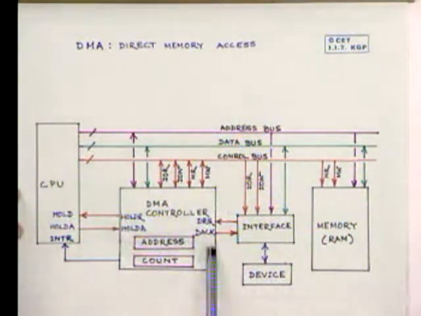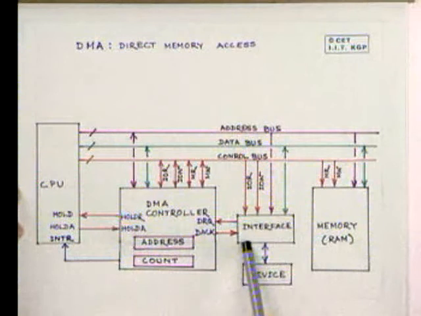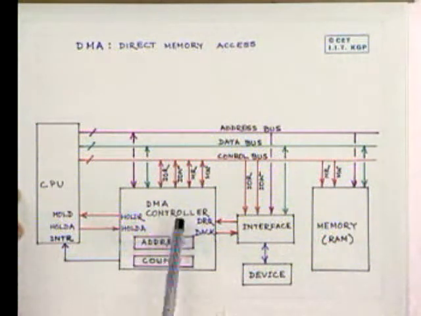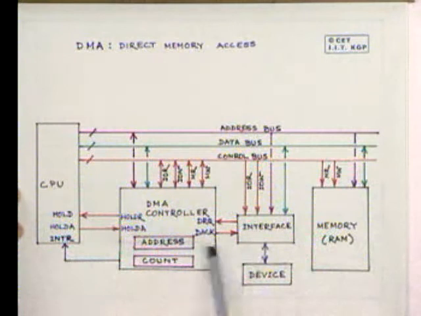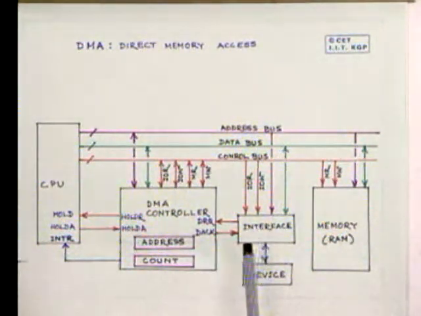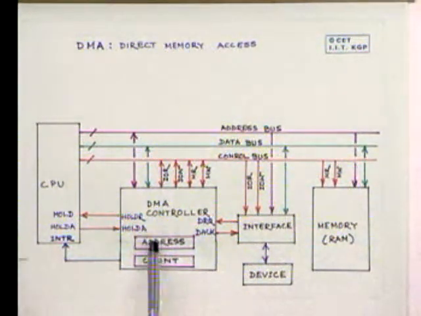This is our DMA controller, the direct memory access controller. Here is a device which has an interface, and here is the memory. Both the DMA controller and the interface for the device can be either memory mapped or IO mapped. Now, let us see what happens in the case of direct memory access.